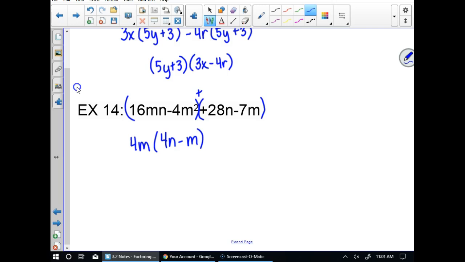What about the second one? 7. So I factor out a 7. So that'll give me 4n minus m as well. So I get 4n minus m times 4m plus 7.